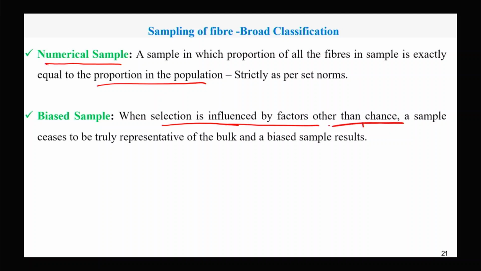If it is a chance factor, then we will call it randomness, random sampling. But other than chance, there are some factors, and this sample is not truly representative of the bulk.